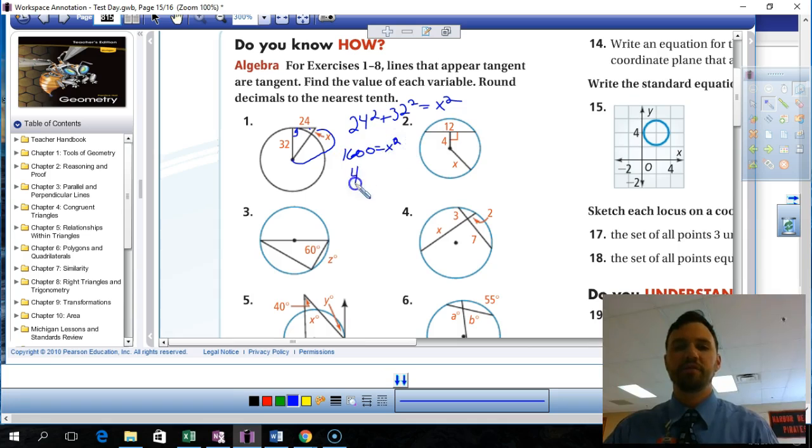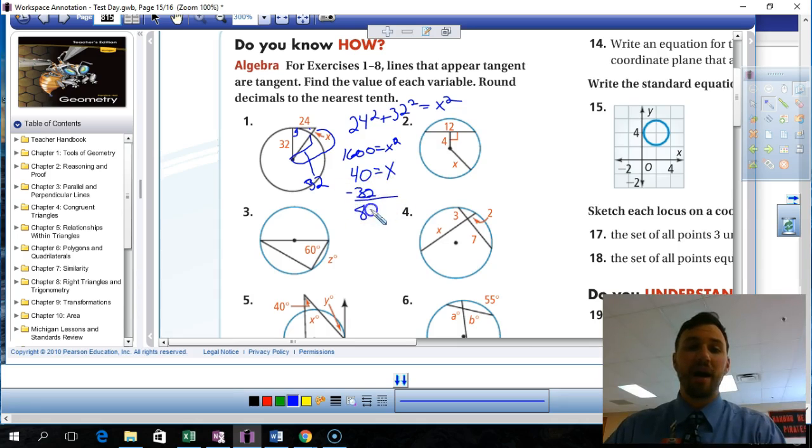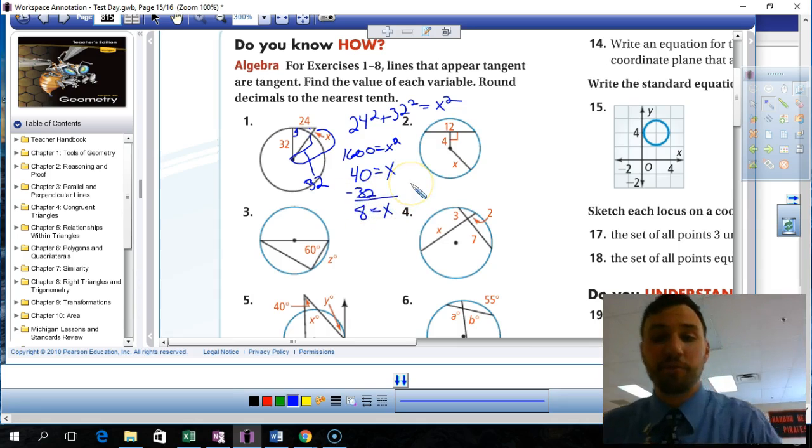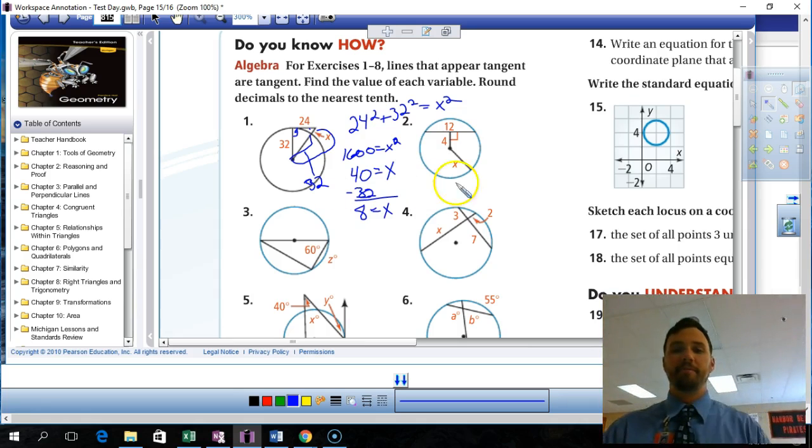So x equals 40 when I square root both sides. But that's not x, that's actually the whole thing. So I have to subtract 32, because that's my radius, from here to here is 32, to get what's left over. So that's 8. So x is actually 8, because I have to subtract the radius from it.